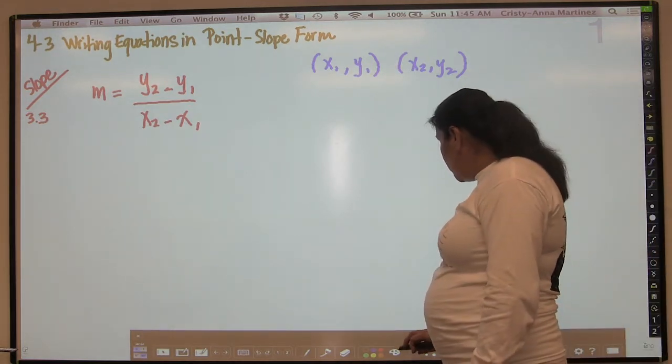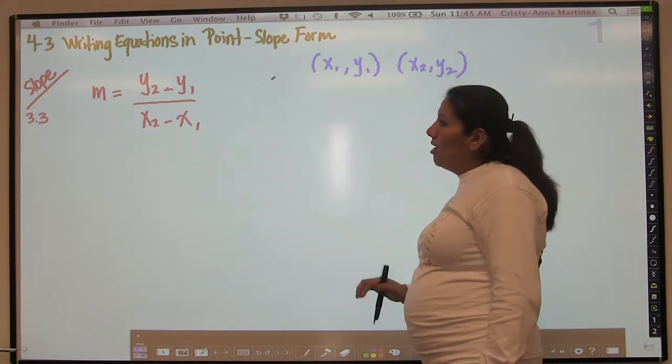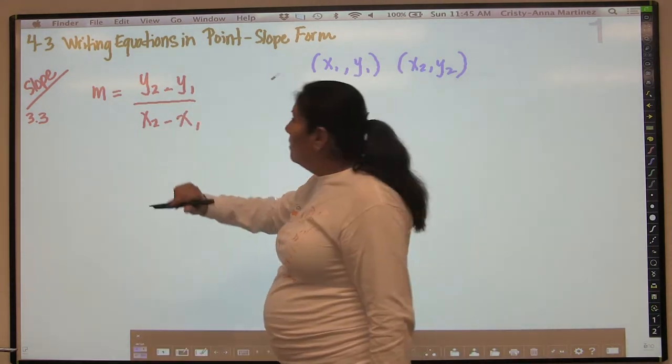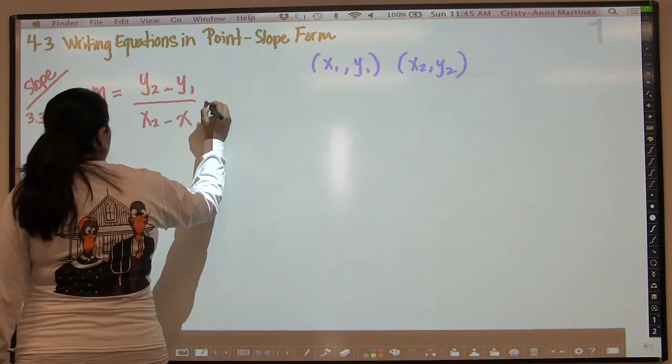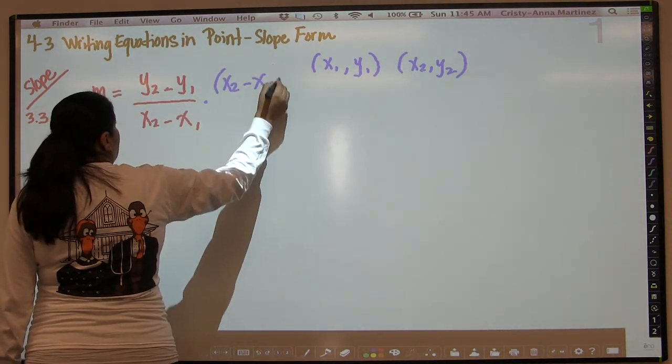So the first thing I want to do is take this slope formula and multiply both sides of the equation by x2 minus x1.